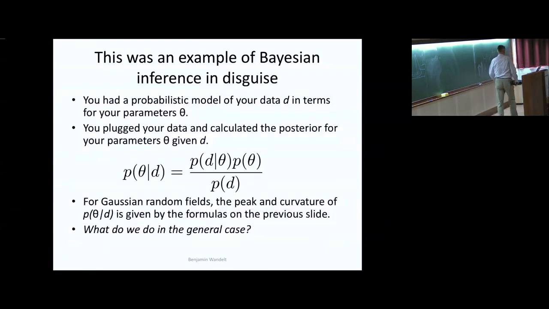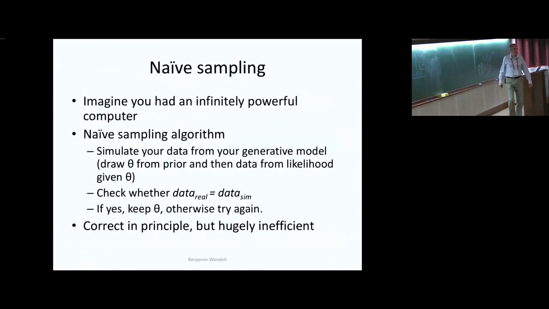In the general case, this slide recalls the naive sampling algorithm that I talked about at the end of the second lecture, I think it was, where I said one way to do Bayesian inference is just to have an infinite number of forward simulations, and you only take those parameters that resulted in a forward simulation that exactly matches your data. That's just this slide.